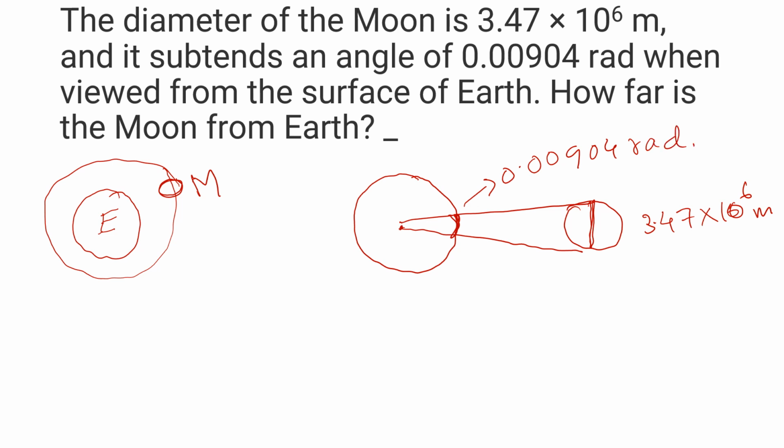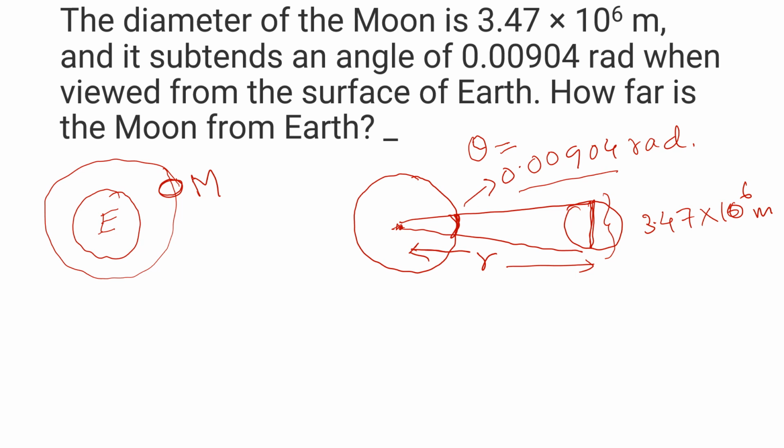So you need to find out how far the moon is located from Earth, right? If you look at this diagram very closely, you should be able to understand that they have given you the angular displacement theta, which has a value of 0.00904, and this is almost equal to an arc length, which is the diameter of the moon, 3.47 times 10 to the power 6.